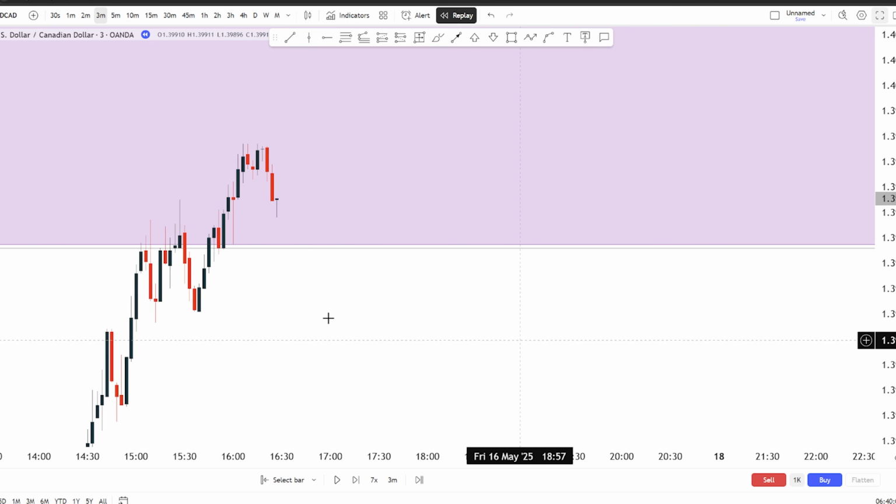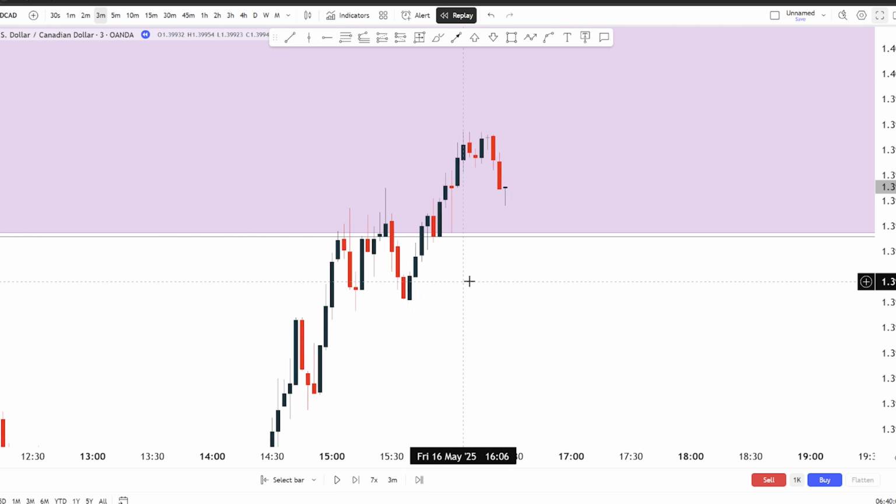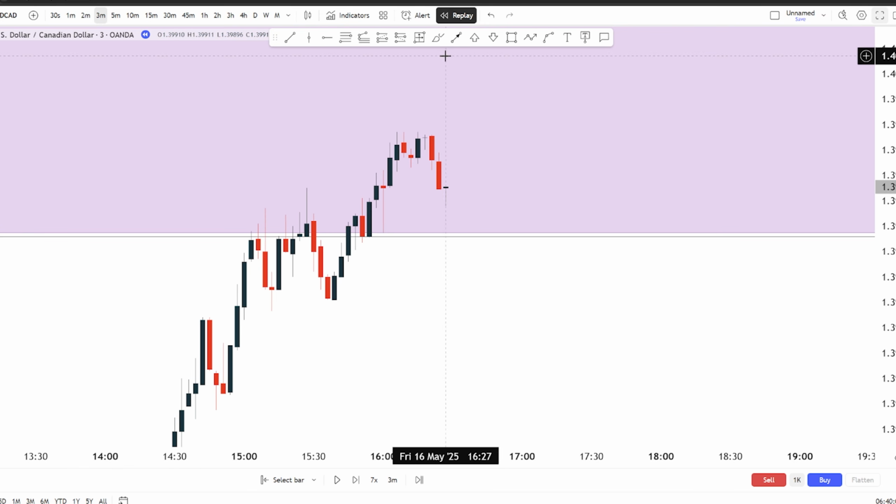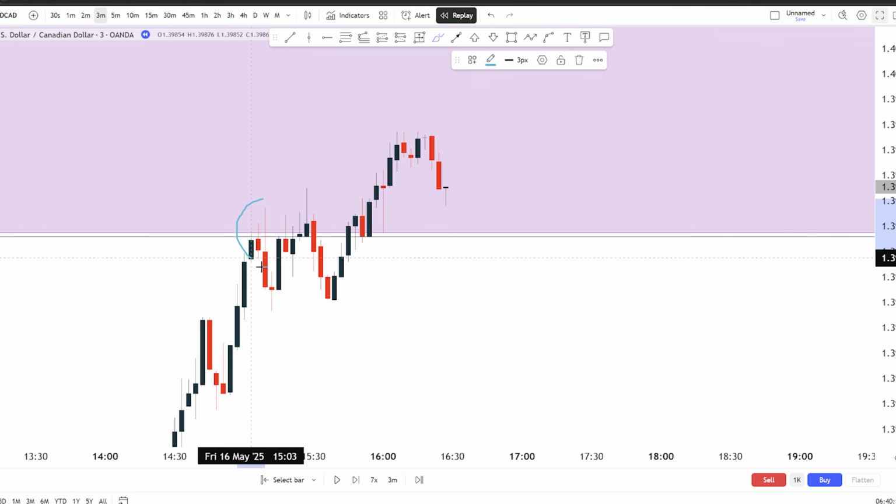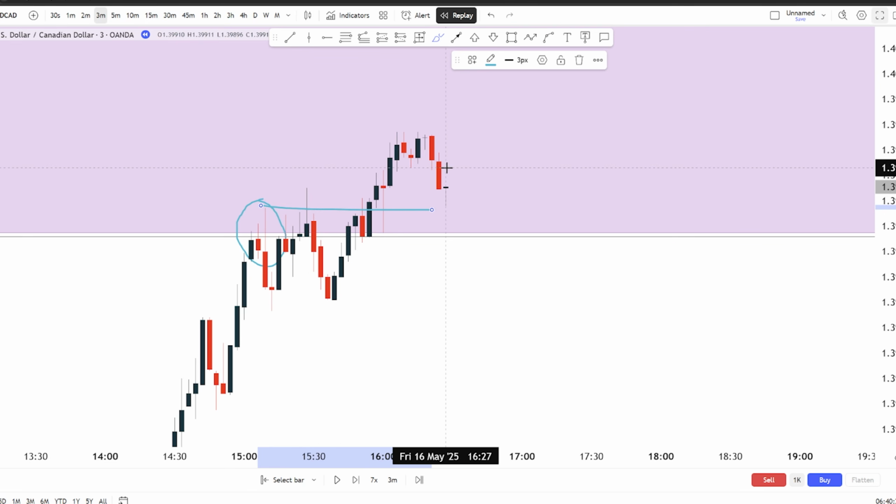But let me explain something here. Right now we have a rejection on the 30 minutes, but here on the 3 minutes, if you enter the market right there, you'll be in a loss. Then you will wait for another entry, which is right here.